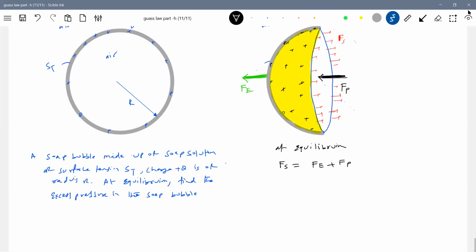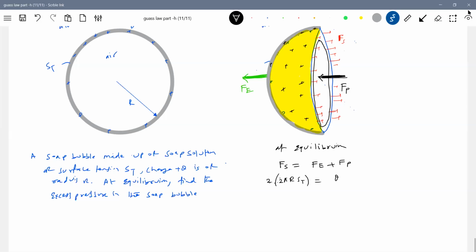Okay, what is Fs? Force due to surface tension is 2 pi R St into 2. Why one more 2? The bubble will have two surfaces, inner and outer, no? That's fine. This equals, what is Fe?